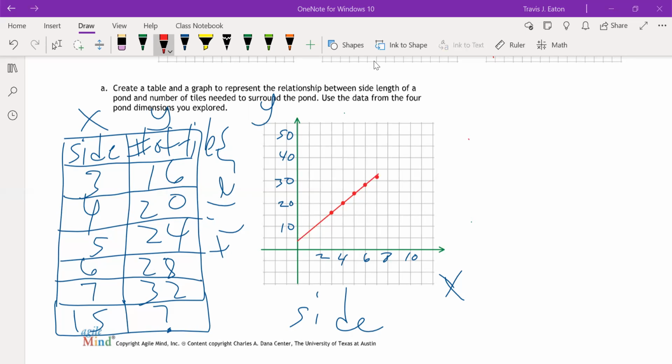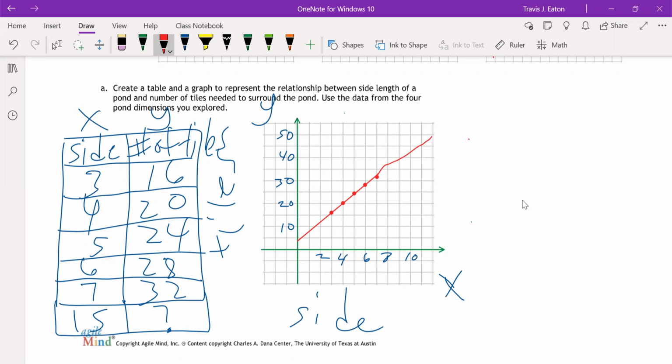Okay. And then if I wanted to, I could extend this line further out, and maybe I'll try doing that. Yikes. All right. Obviously not very good when I'm trying to do it free-handed.